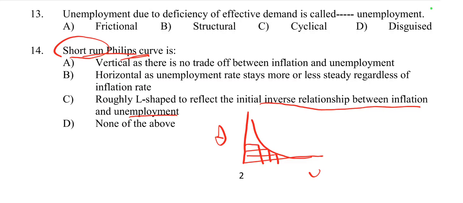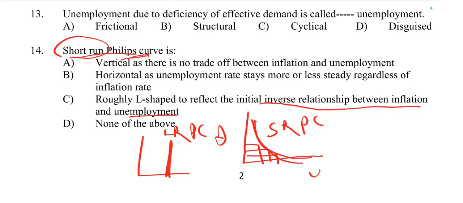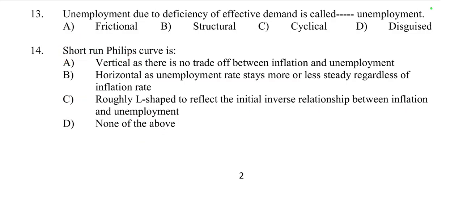But the long-run Phillips curve is vertical. This is the long-run Phillips curve, and this is the short-run Phillips curve. The short-run curve is downward sloping, L-shaped, and the long-run curve is vertical. So there is no trade-off between inflation and unemployment in the long run. But the question asks for the short run, so the right option is option C.